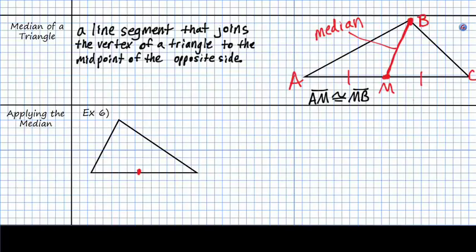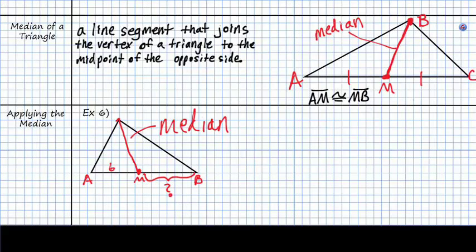And so, if we are given a median, right, and we're just told this is the median, and then we're told that this is going to be 6, we want to find this length here. So this unknown length.